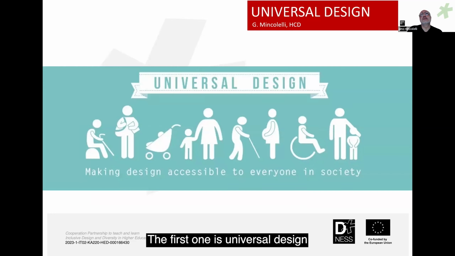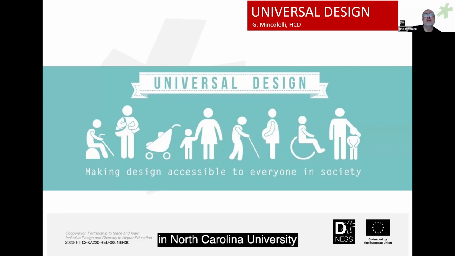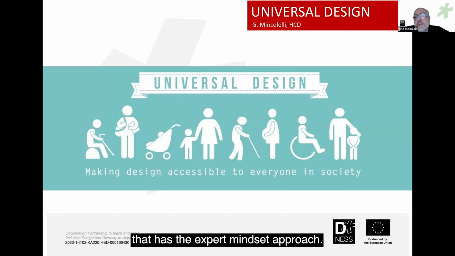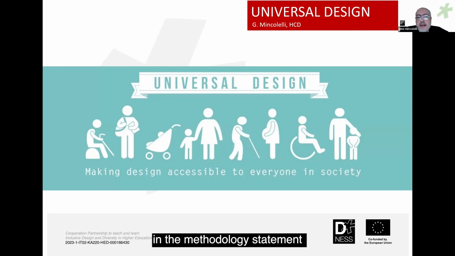The first one is universal design, that was developed in the USA during the 70s at North Carolina University, for the precision. That has the expert mindset approach. It's based on observation, and it's based on 7 principles that are clearly stated in the methodology statement.